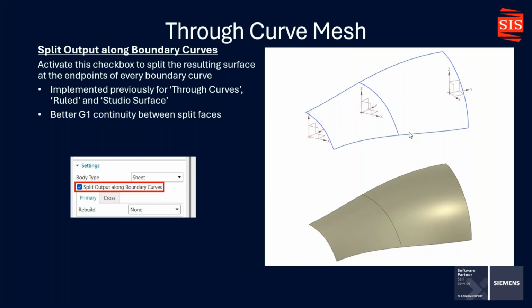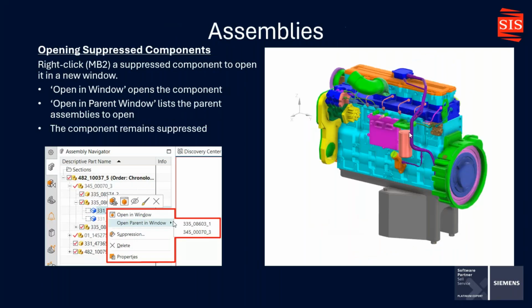Another useful one for assemblies: if you have suppressed components in an assembly, you can now right-click on those and open them in a new window. Right-click the suppressed component, and you'll notice an open in window command, or if applicable, an open in parent window with any parent assemblies.